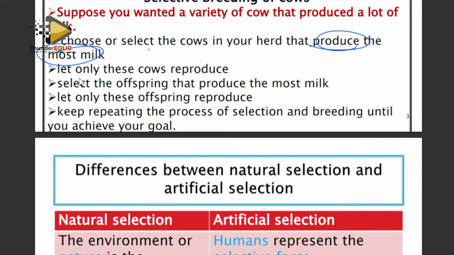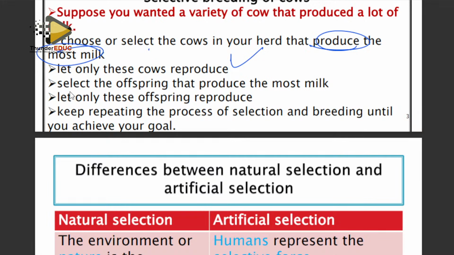They are saying let only those cows reproduce which have the ability to produce milk. Give them a chance to reproduce. When they have it, they reproduce.